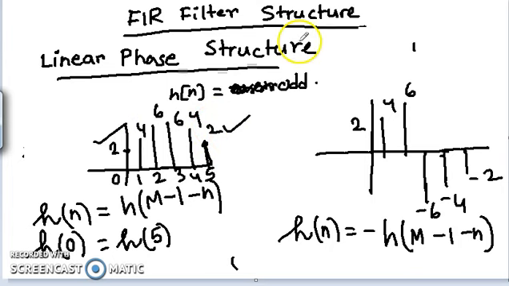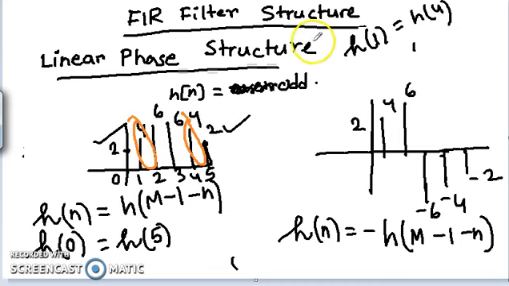Next, the value of h1 must be equal to h of m minus 1 minus 1, that means 5 minus 1, which is h4. So this value must be equal to this value.